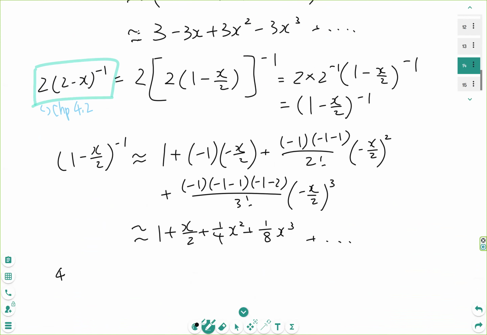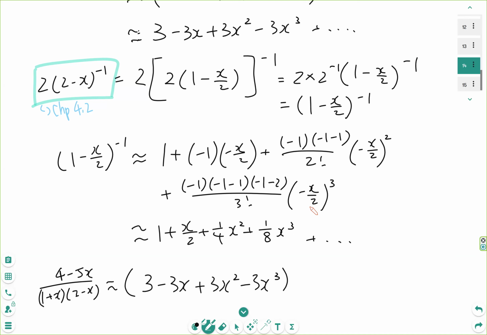So that means 4 minus 5x over 1 plus x times 2 minus x roughly equals to the yellow bracket, I'll put a bracket around it, 3 minus 3x plus 3x squared minus 3x cubed, subtract the blue bracket, 1 plus, I'll put a bracket around it because it's negative, the sign changes. Obviously, you can do everything in one step if you want to do that.